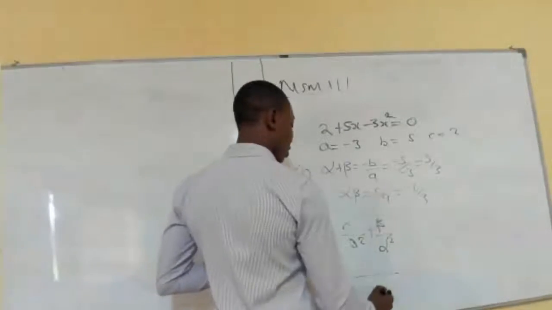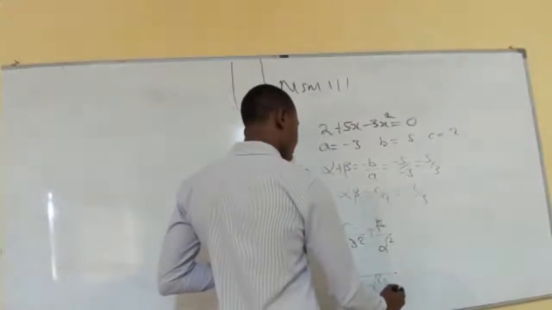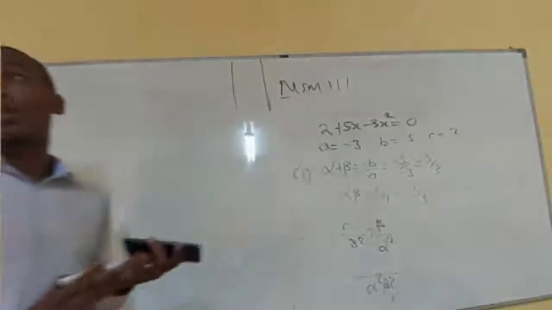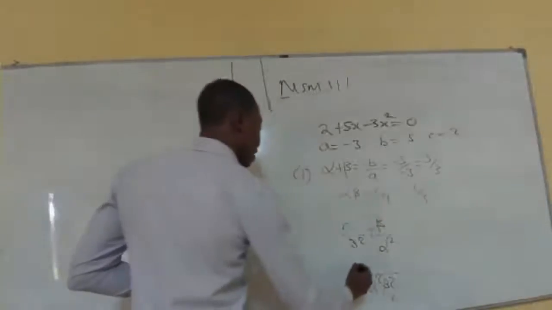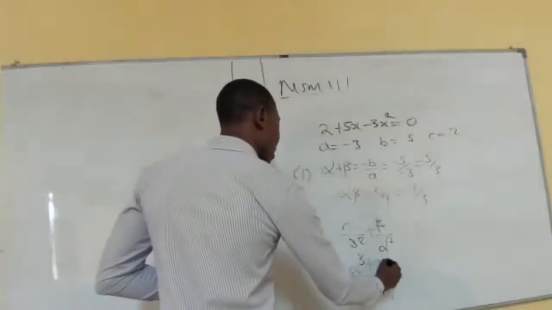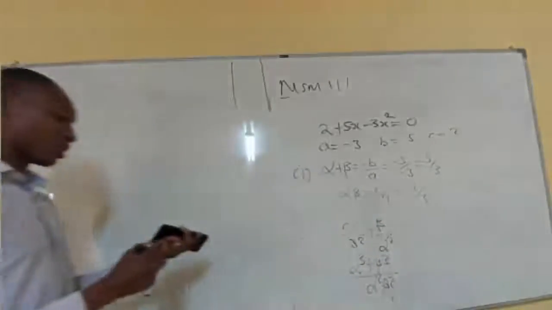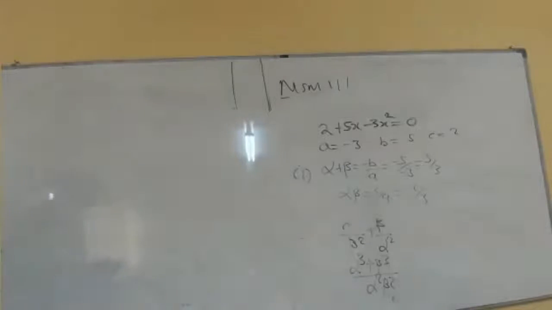So the common denominator here is alpha squared, beta squared. And you notice that what you have in your numerator is alpha cubed plus beta cubed.